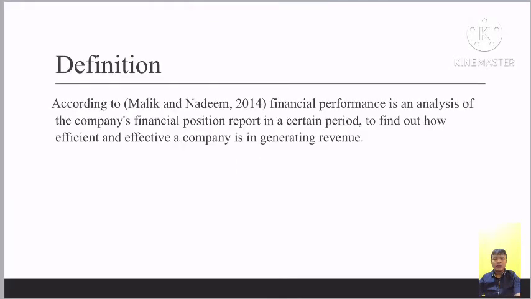For the definition of financial performance, according to Malik and Nadim 2014, financial performance is an analysis of the company's financial position report in a certain period to find out how efficient and effective a company is in generating revenue.